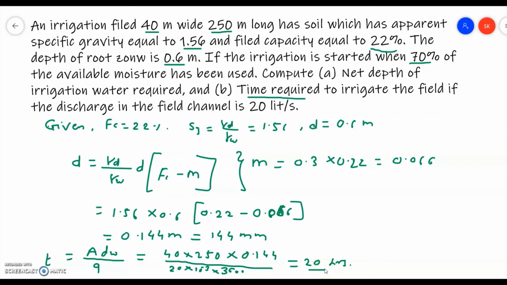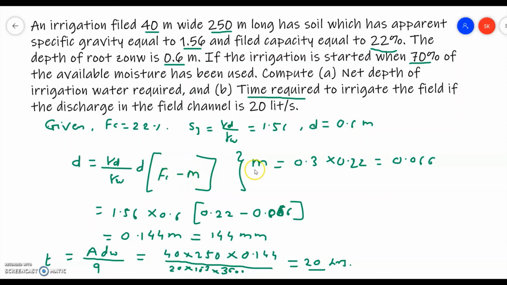So in this way we can solve such problems. I'll just revise what exactly we have done. Firstly, we are supposed to find out how much water we should supply to maintain the level up to the field capacity. That's why field capacity minus available moisture.